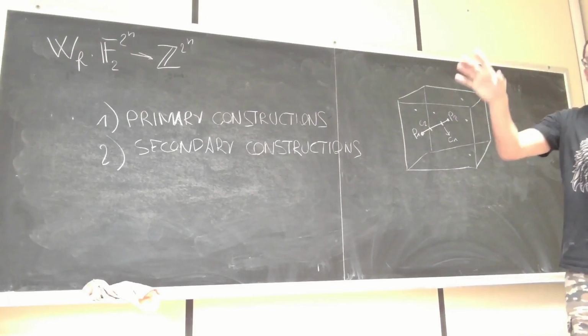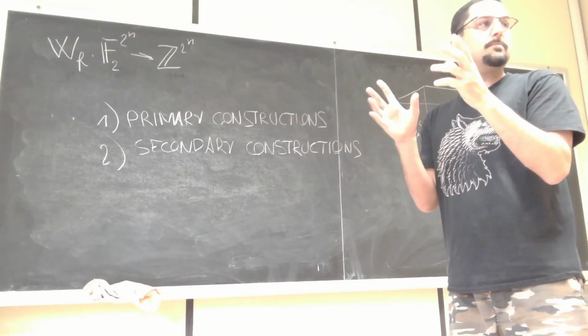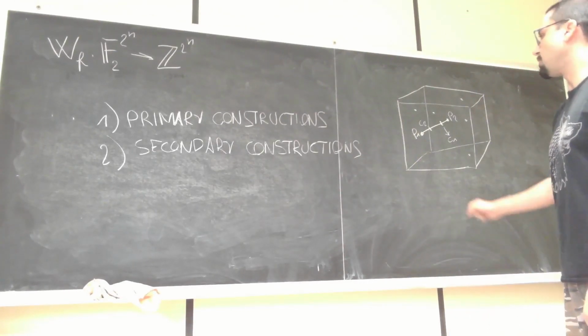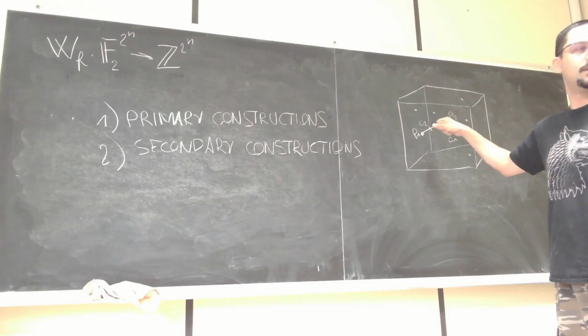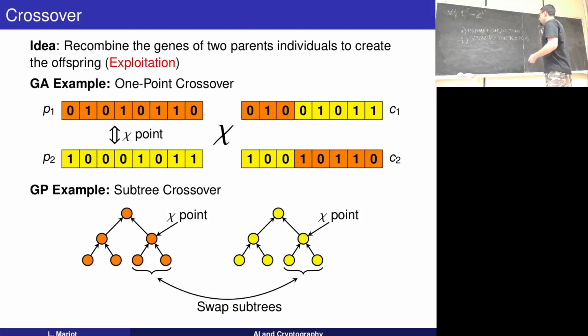This doesn't seem obvious from that particular representation with bits, but if you use the structure of a metric space by endowing it with a distance, the Hamming distance, then you get exactly this kind of structure. So this is why it is called exploitation, because we are exploiting the search space that has already been found by our current population.